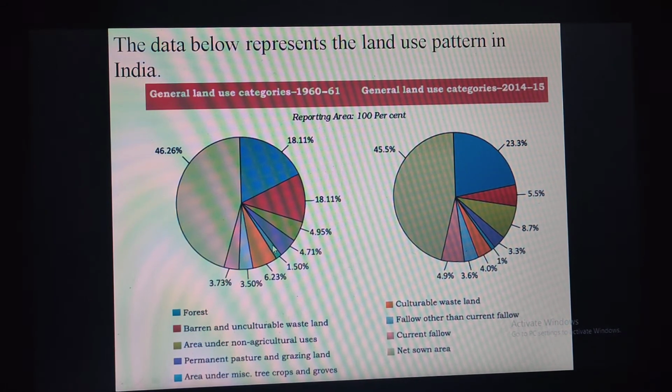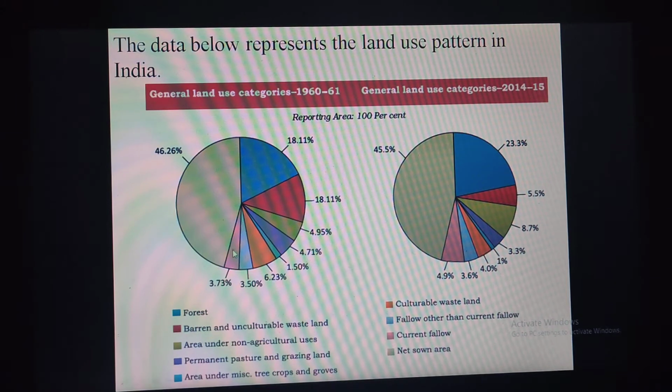Area under miscellaneous tree crops and groves was 1.50%, which has now decreased to 1%. Cultivable wasteland was 6.23%, which has decreased to only 4%. Fallow other than current fallow was 3.50%, which has slightly increased to 3.6%.